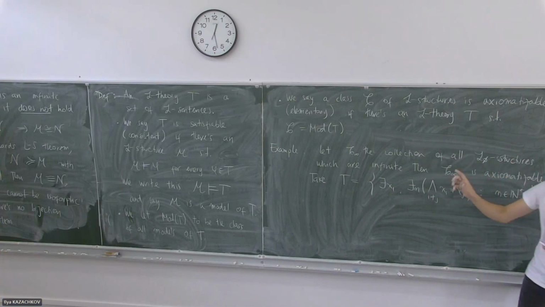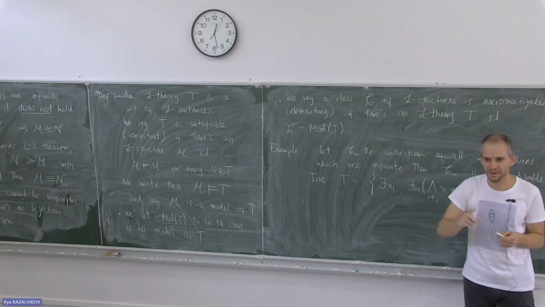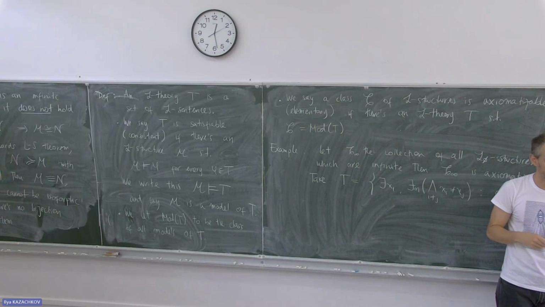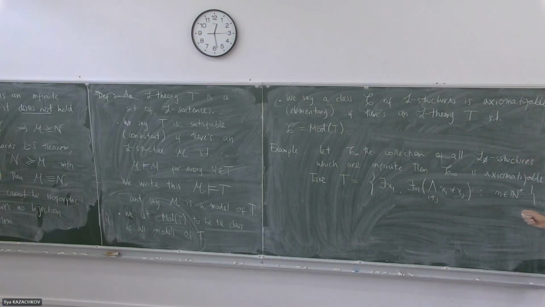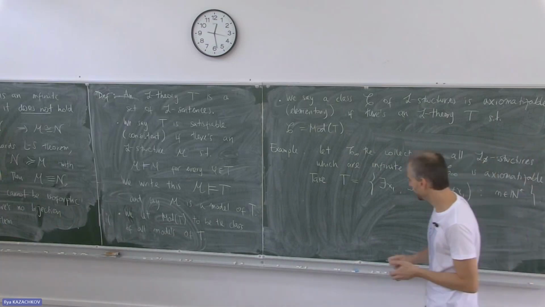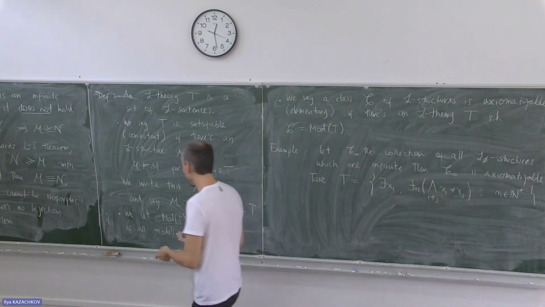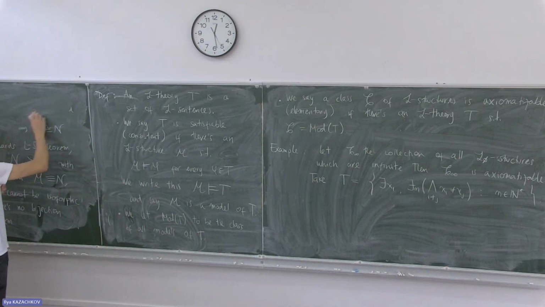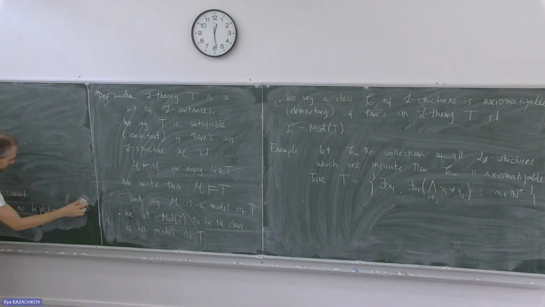What we're saying is that this class is not axiomatizable by a finite number of formulas. We actually need infinitely many. Good. So now we're approaching a little bit more what we usually do in mathematics. Let me give you some theories that, of course, you're familiar with.